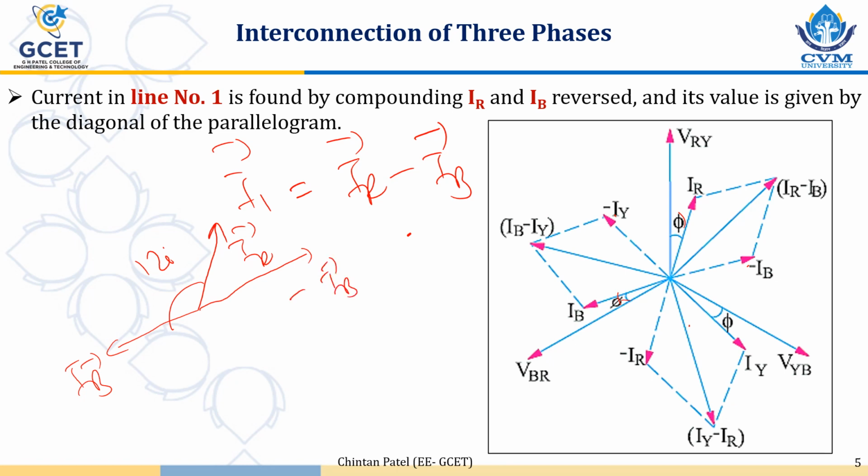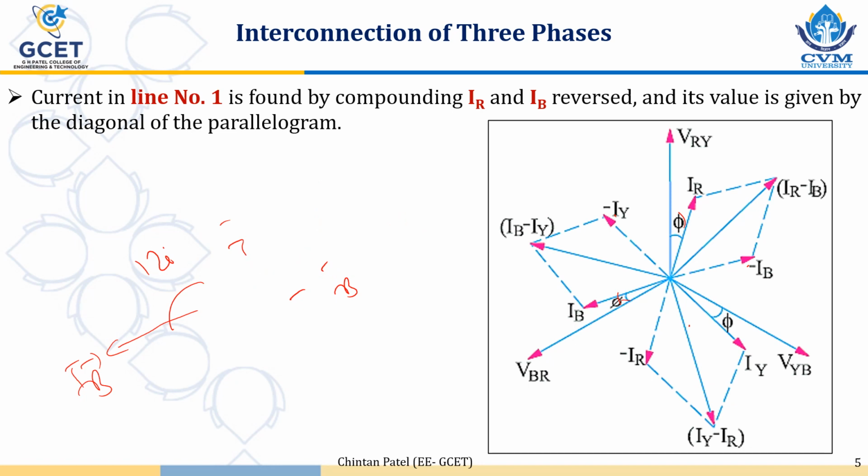Now if we calculate the resultant of these two vectors, this vector is I1. So in this diagram you can see that the vector difference of IR and IB, or IR plus minus IB, is this vector.